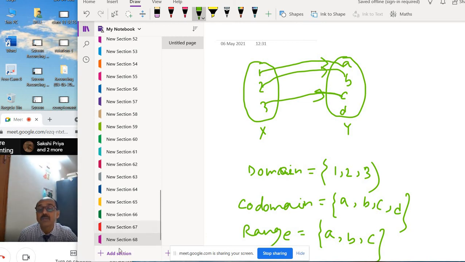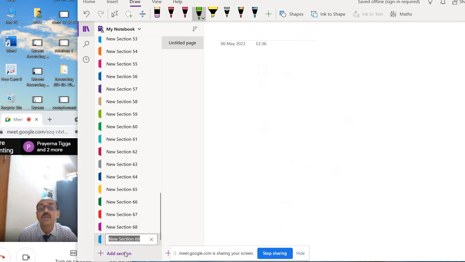See one problem. How to show a function is one-one.